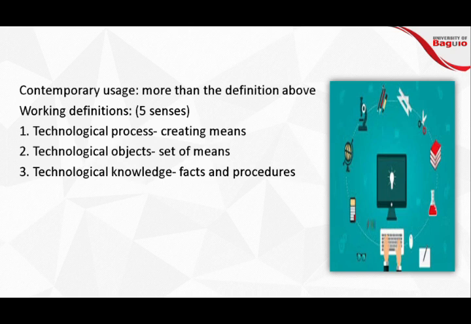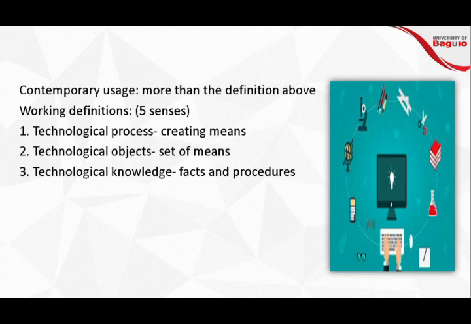Okay, so without the facts, without the procedures, we cannot really create means, or we cannot come up with a process. That's why technological knowledge is making the technological process possible. So the facts and procedures, or technological knowledge, connect towards technological process, or towards creating the means. Okay?